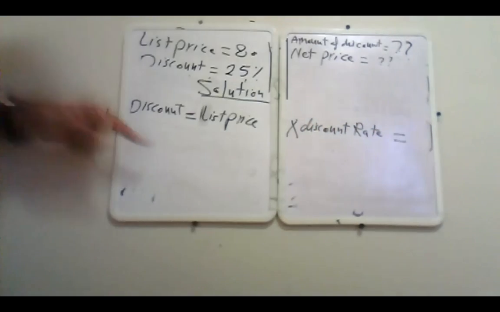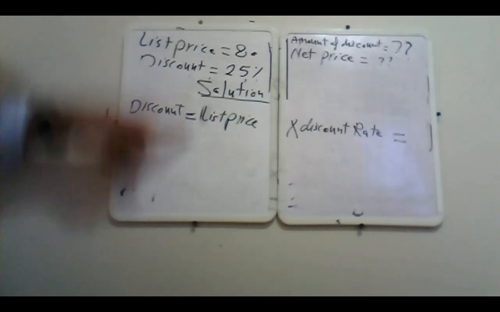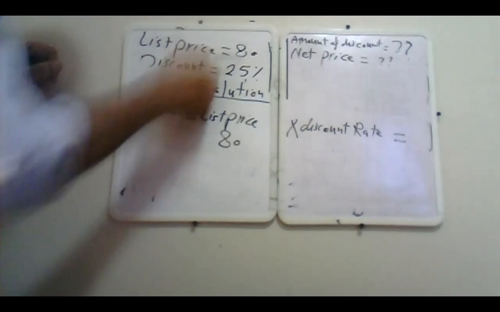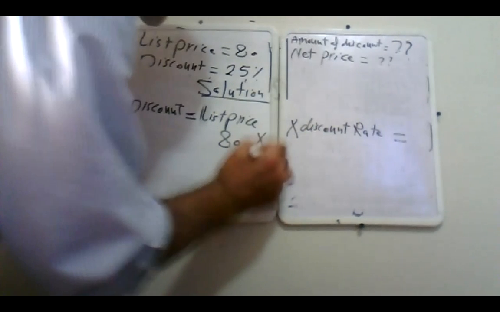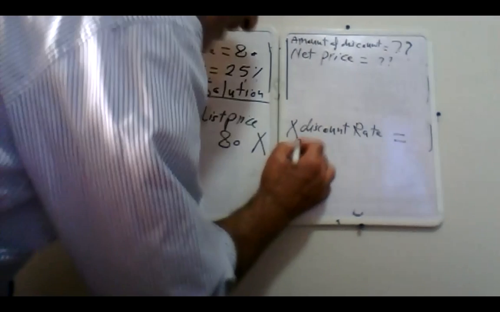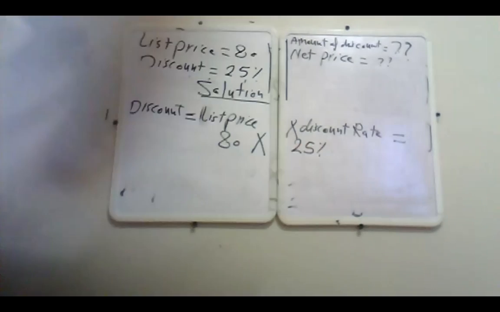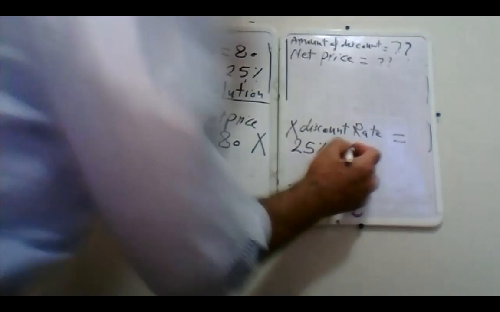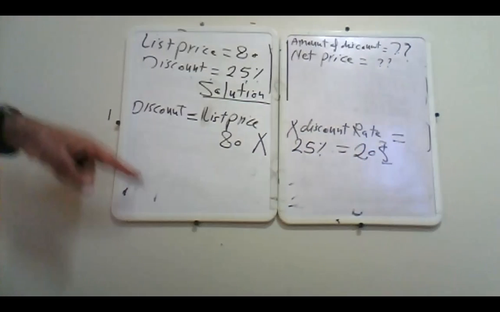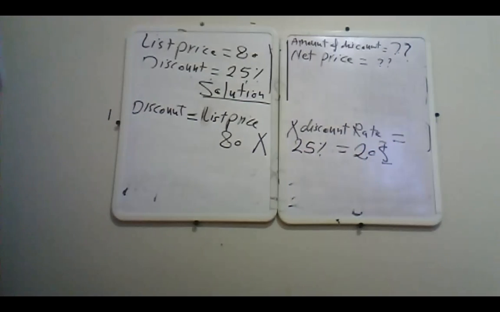The list price here is $80, multiplied by the discount rate, which is 25%. So that will make for me $20 as a discount. Okay, that's fine.